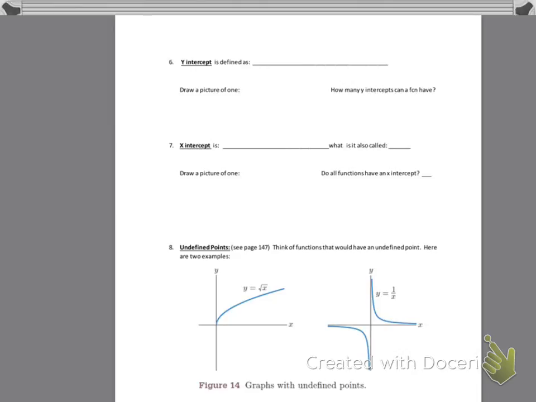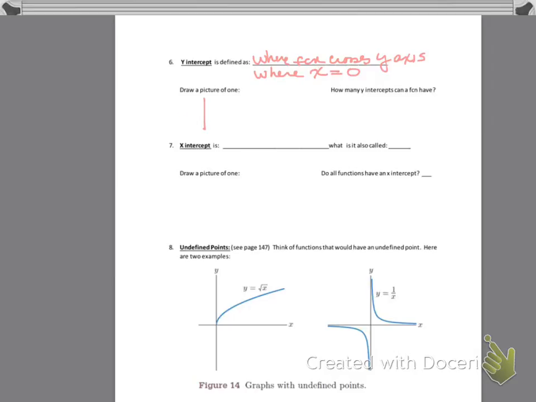Okay, other features that we can analyze with functions that we certainly have done in Algebra 2. The y-intercept is defined as where the function crosses the y-axis. So that's one thing you can say, but you can also say that it's where x equals 0.